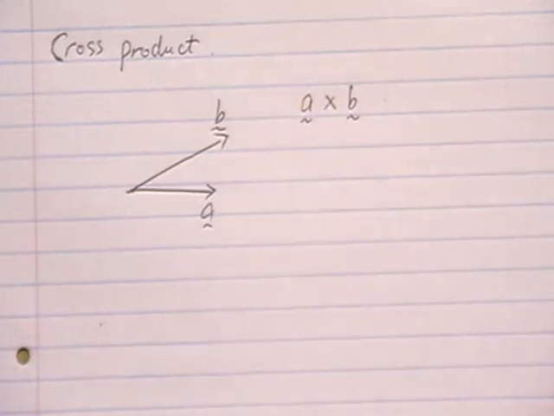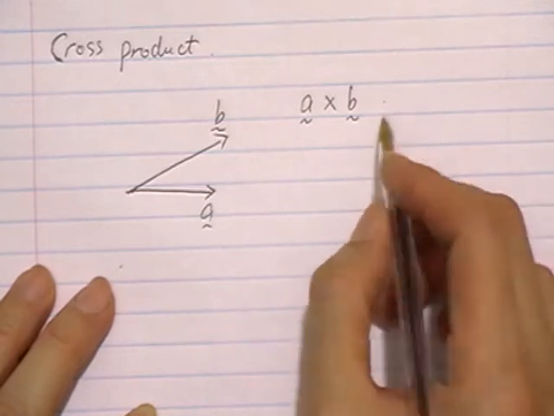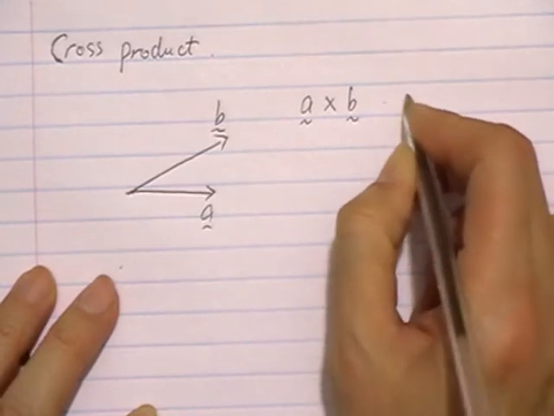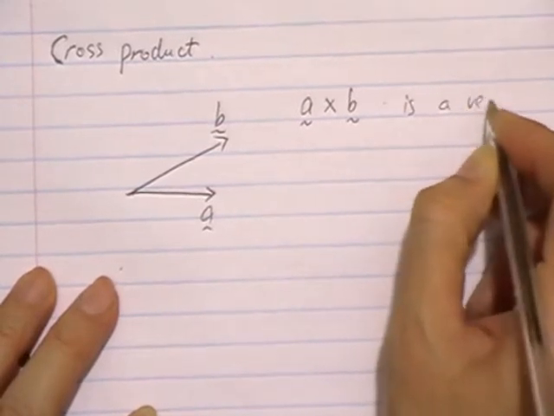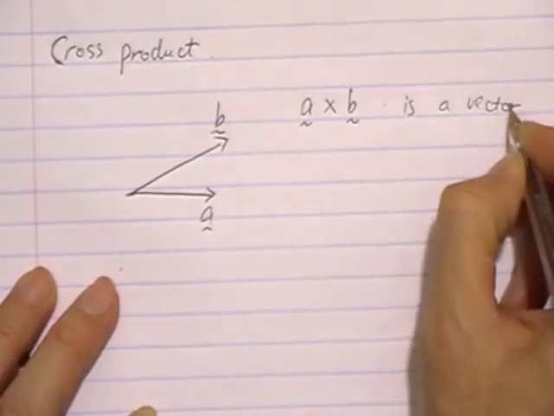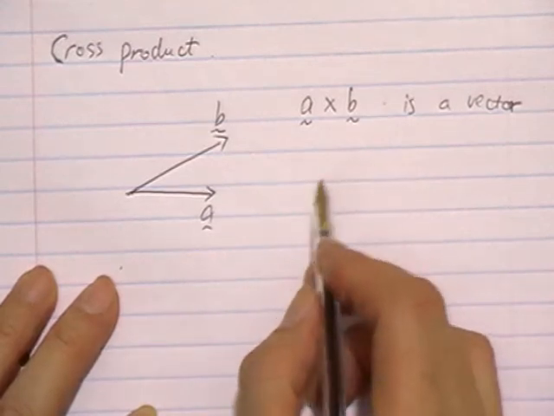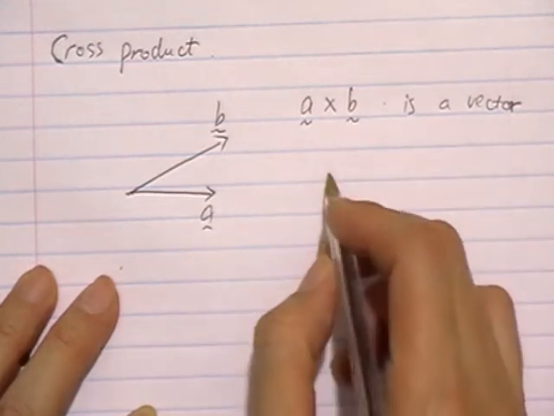Now this cross product is defined as a vector. Right, next we are going to describe this vector.